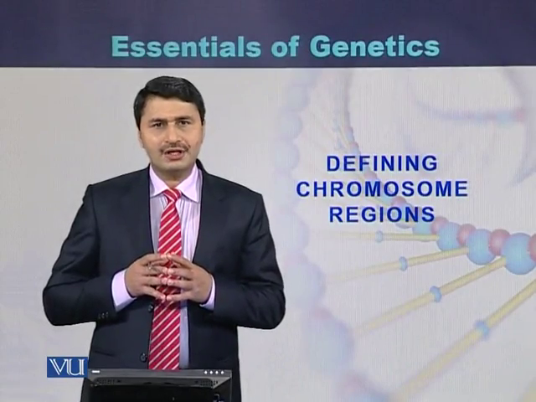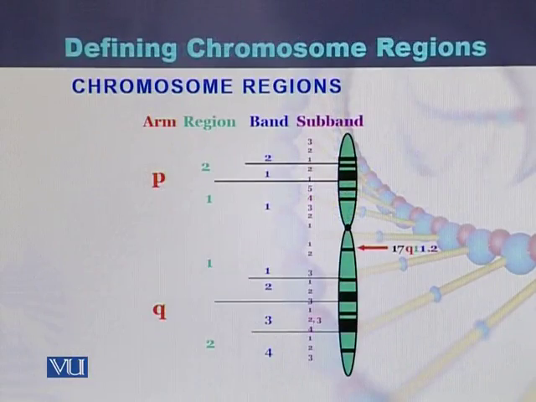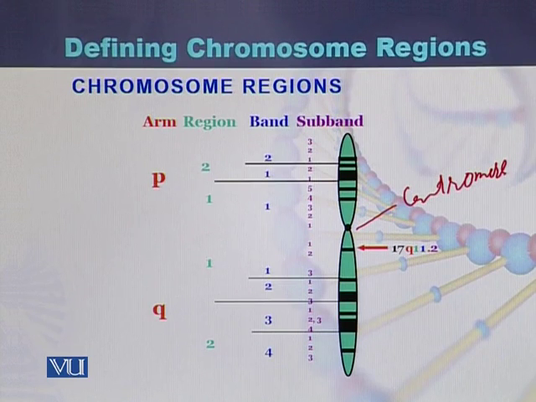Defining chromosome regions. If we take the example of a typical chromosome, it consists of a centromere that is present in the middle, and it consists of two arms.